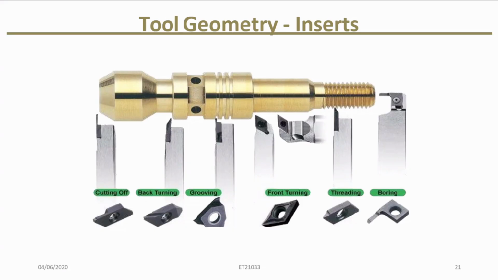If we need to make these shapes, you have to select these tools. If we need to do a facing process like this part, you have to use a tool with this geometry.